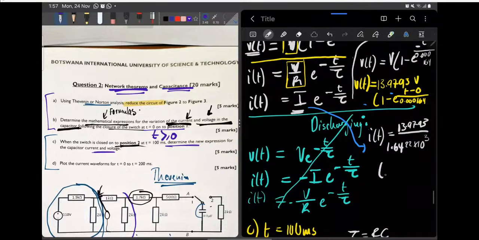Then we multiply by e to the negative t over tau, which in this case, again, is just t minus 0 over the tau, like that. And we do know what our tau is. You have your 0.000164.